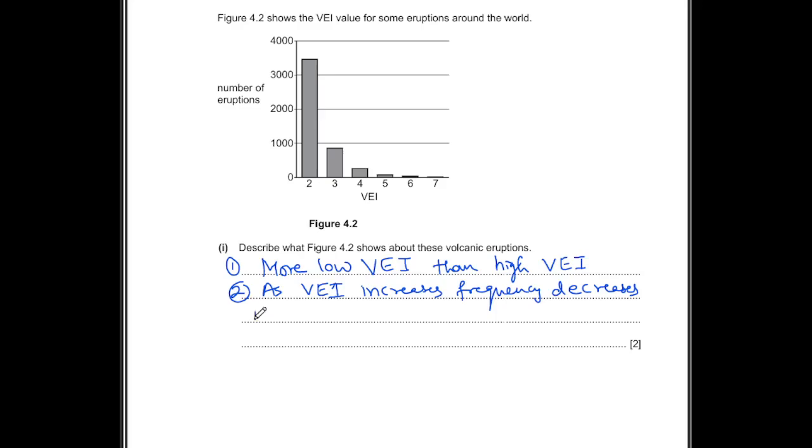We are quoting here that VEI 7 has the least number of eruptions. Okay, so such kinds of answers use data.